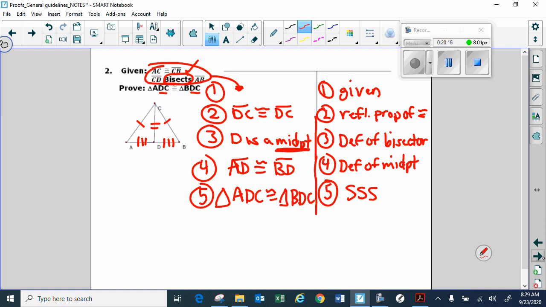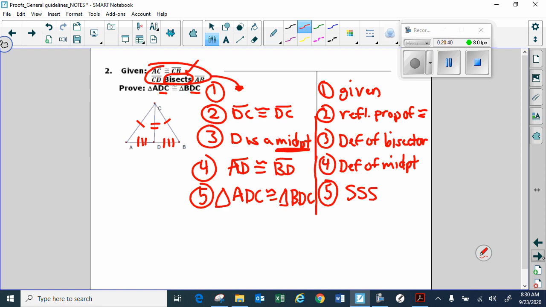Okay. If it asked about one of the corresponding sides, if it said to prove angle A was congruent to angle B, then my final step would be angle A is congruent to angle B by CPCTC. Remember, use the CPCTC after you've proven the triangle is congruent, never before. So I've said this on videos, and I don't know why on tests I get kids trying to prove triangles congruent by CPCTC.